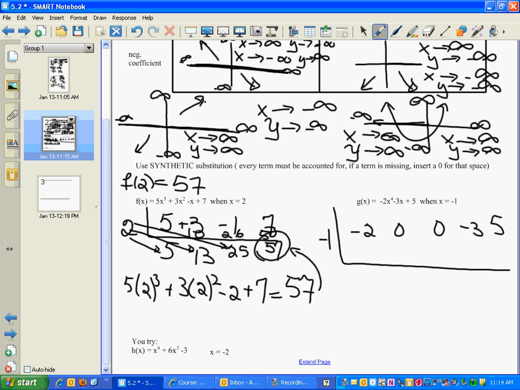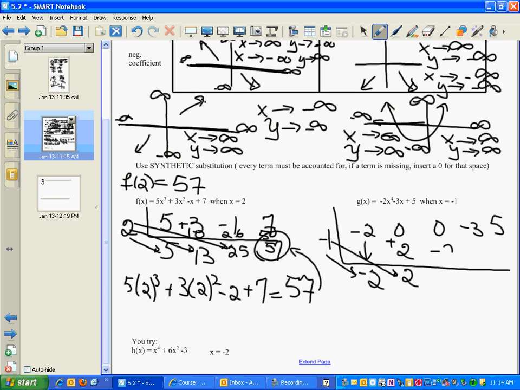What's the first thing I do? Bring down the -2. Now what do? Multiply -2 and -1, and what do I get? Put it there. And I add and get 2. Now what do? -1 times 2 is -2.